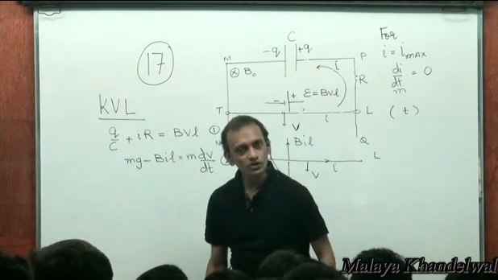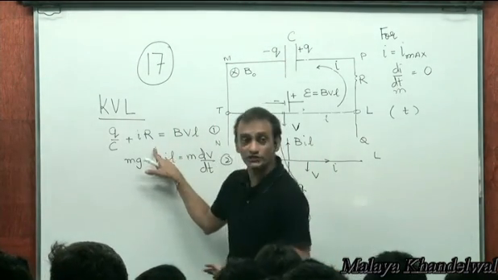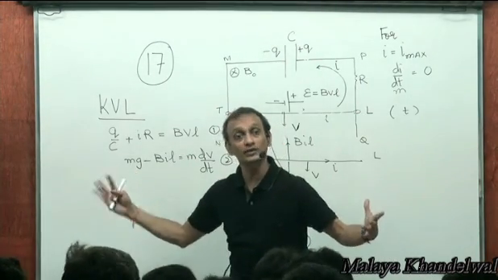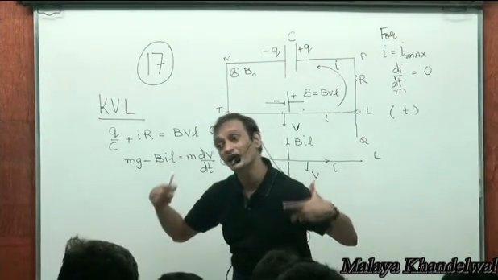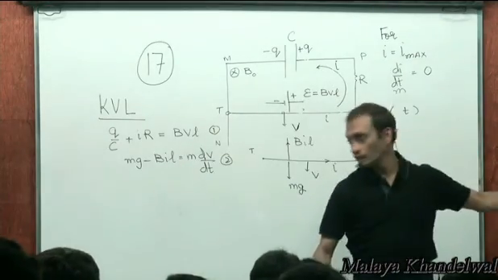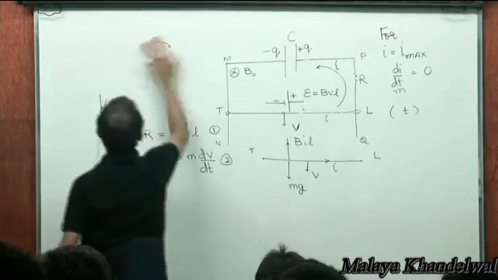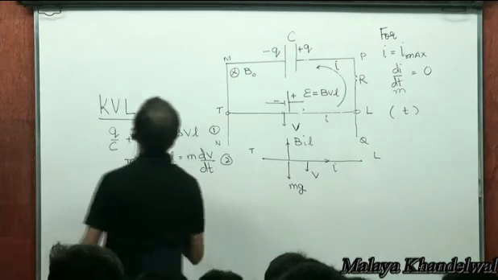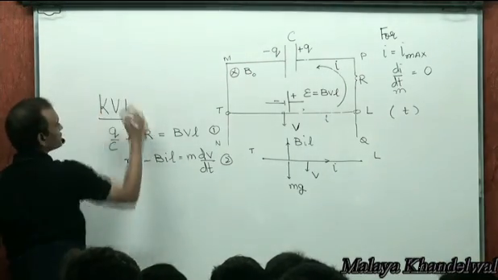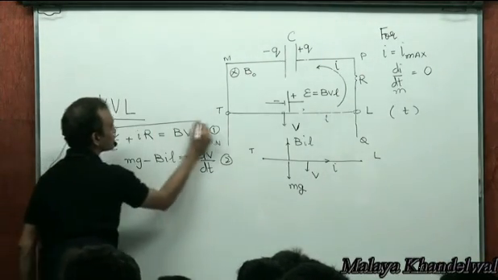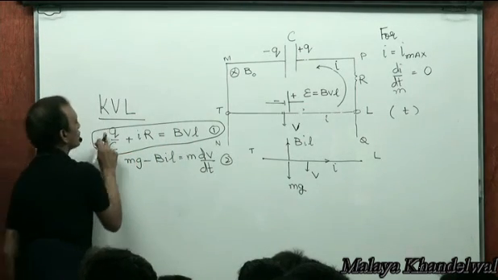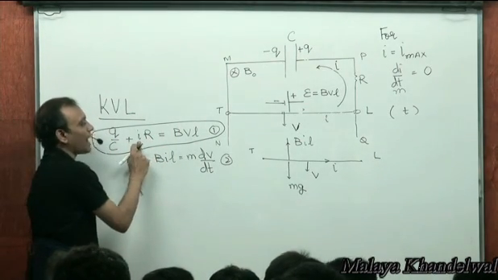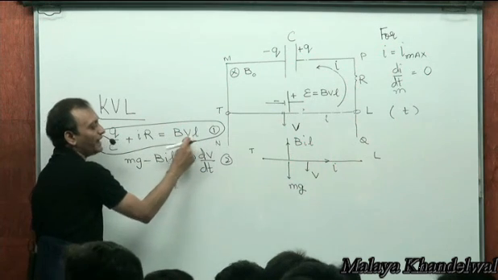Yes or no? So it would be a good idea to differentiate equation 1, where I can bring in a dI/dt and I can dispense away q, because dq/dt will then turn out to be I. Very good. So if I differentiate one with respect to time, this will become I by C, because dq/dt by C, I by C, plus R dI/dt will be BL dv/dt.